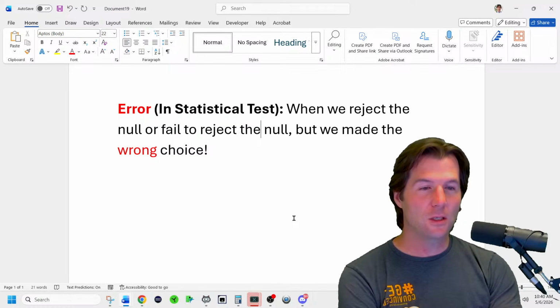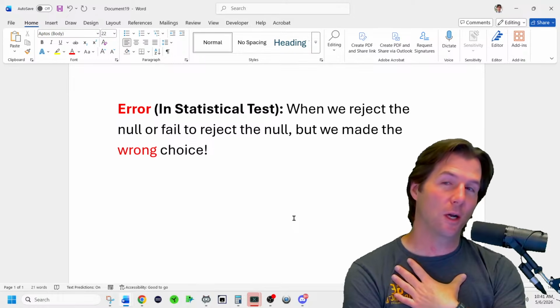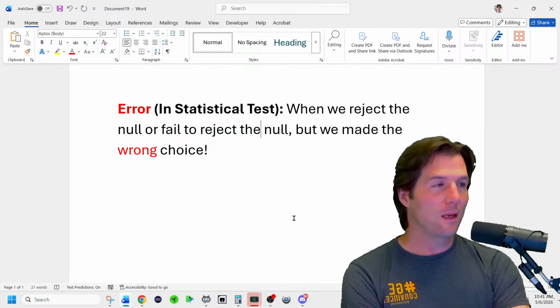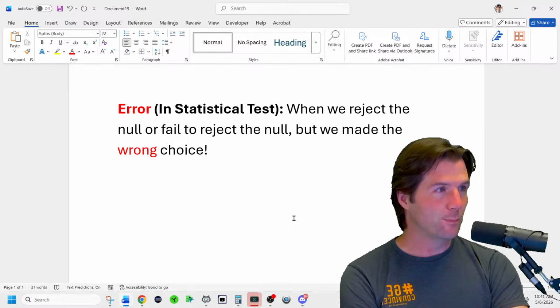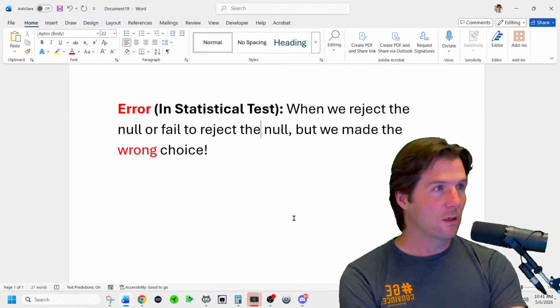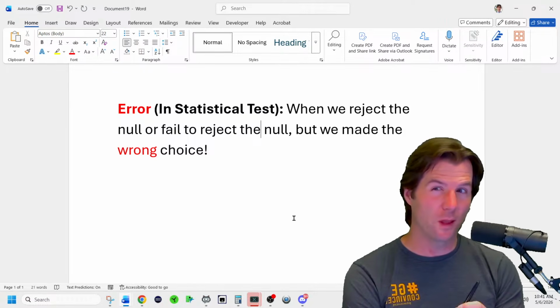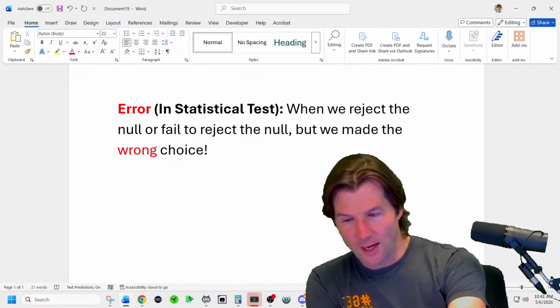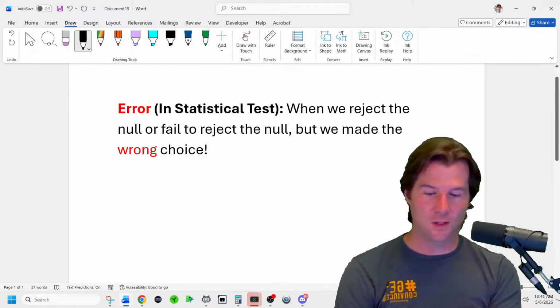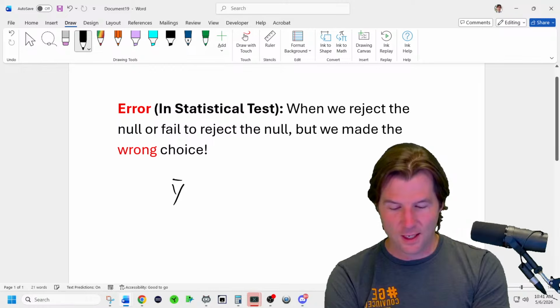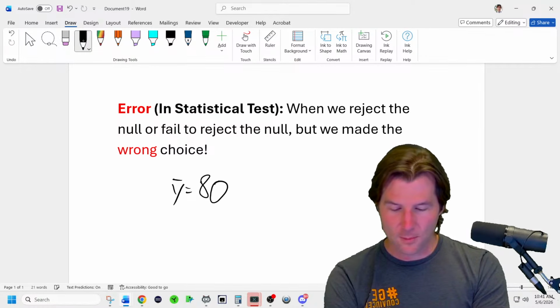Like imagine you are trying to figure out, let's say, is this year's test in statistics harder than last year's test? Now, the average of this year's test is, let's say, an 80. That'd be nice. 80's good.